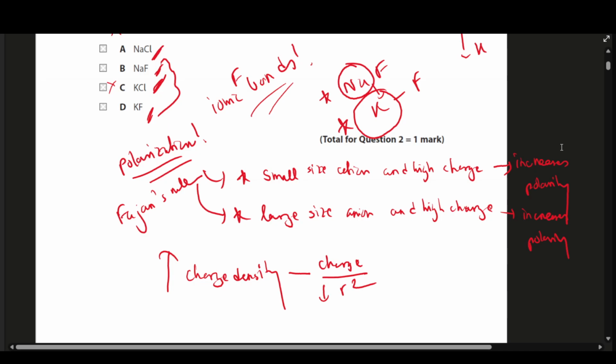And higher polarization means what? A higher polarization basically means, sorry, one minute. Yes, a higher polarization.